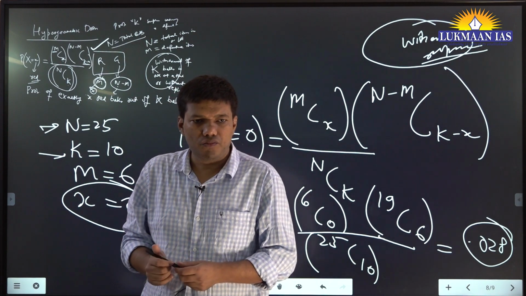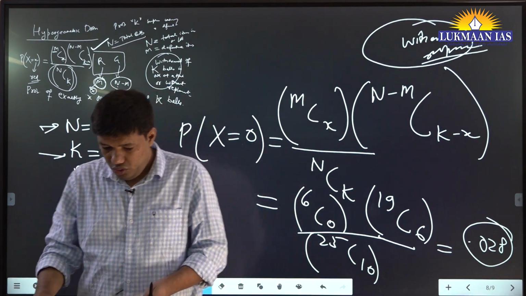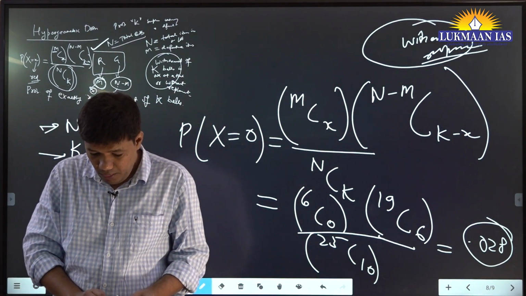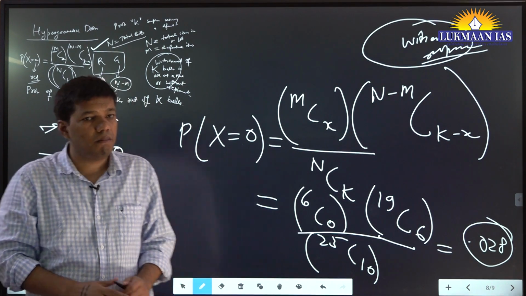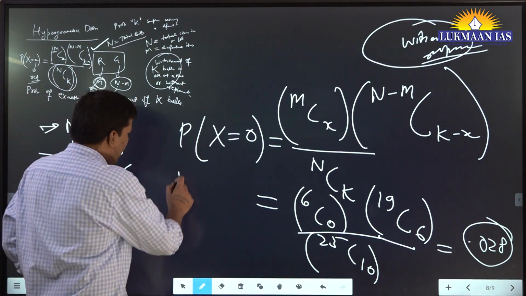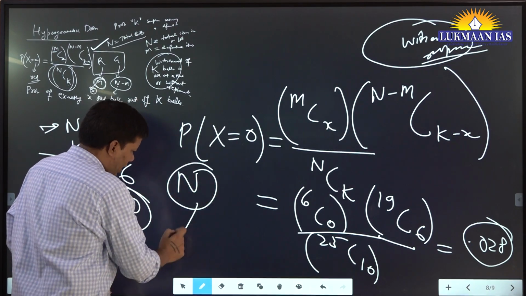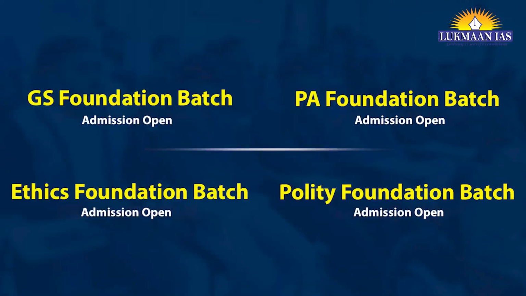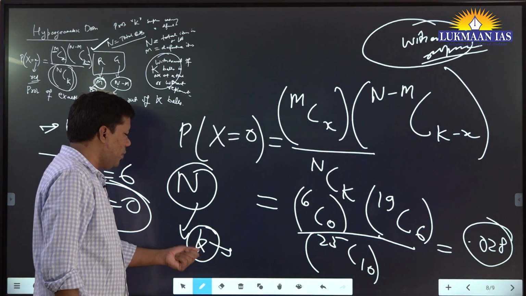Fine. Okay. Let's say you had N items. If you are taking K items out of that, you draw a sample of K size.